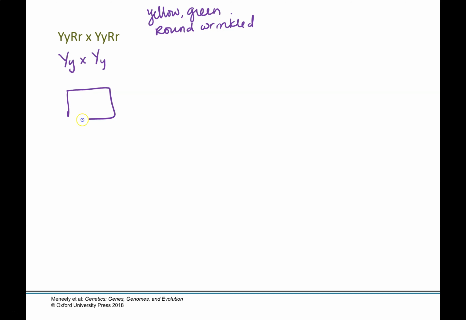So let's look at this branch diagram with our dihybrid. So again, this is the yellow and green, or round and wrinkled. So let's start with our Yy cross Yy. So if we write out this Punnett square, you guys probably recognize this one.